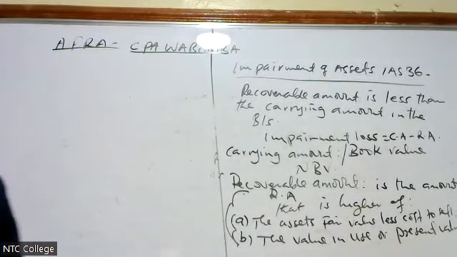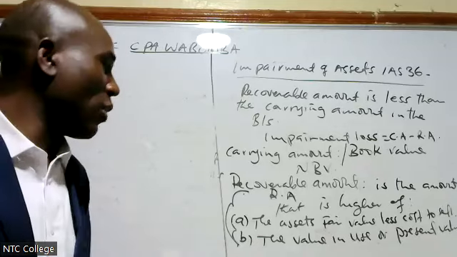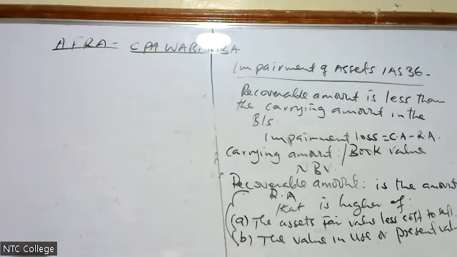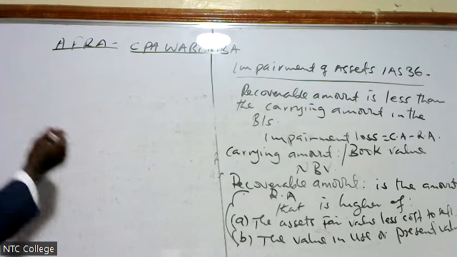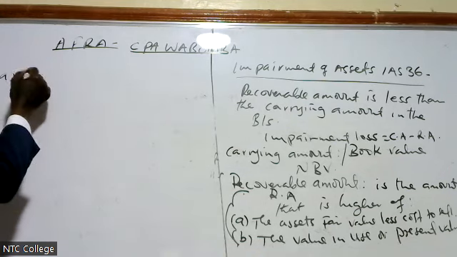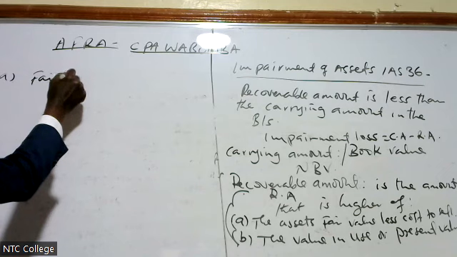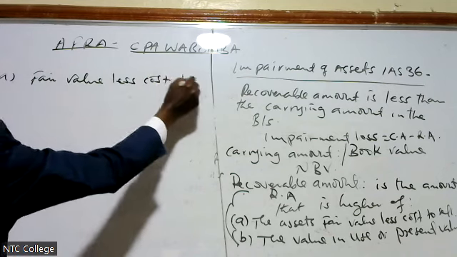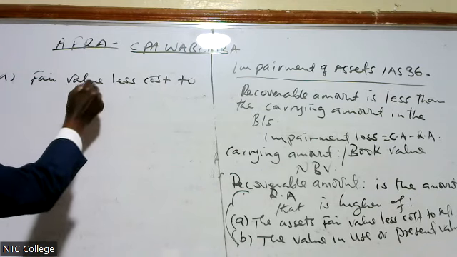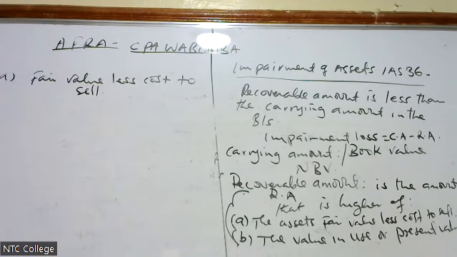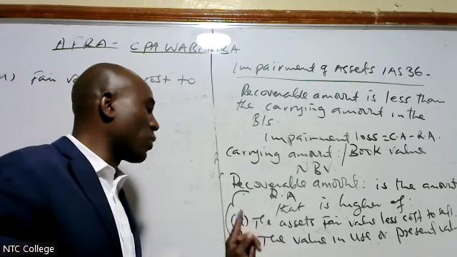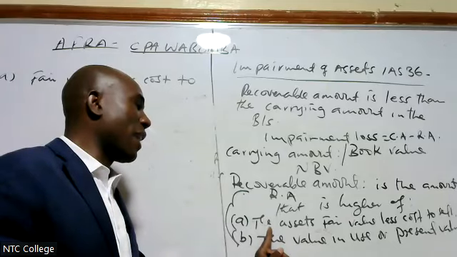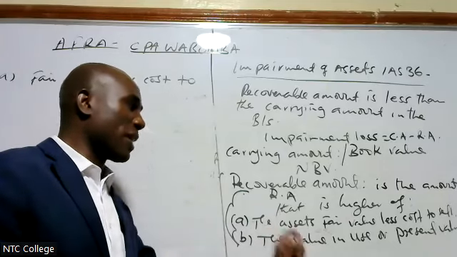Thank you for that. Now let's continue. Listen very carefully here. When we say number A, the asset's fair value less cost to sell, what do we mean? Because here we are going to compare two figures, the asset's fair value less cost to sell and the value in use or present value.